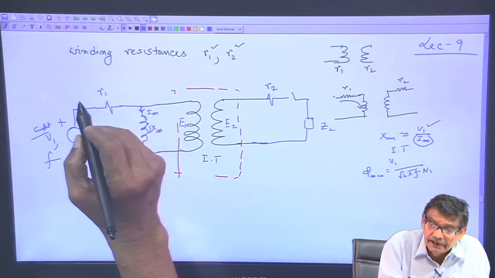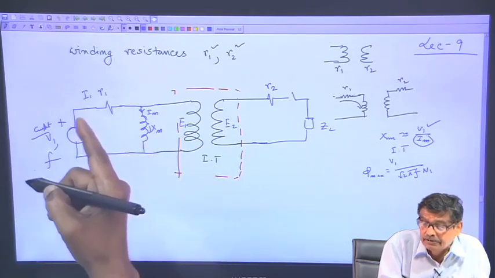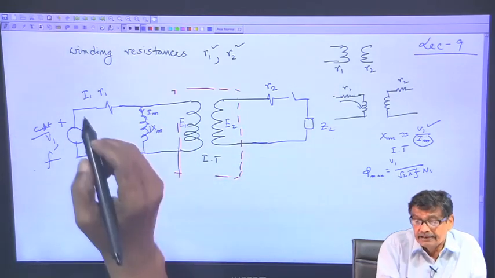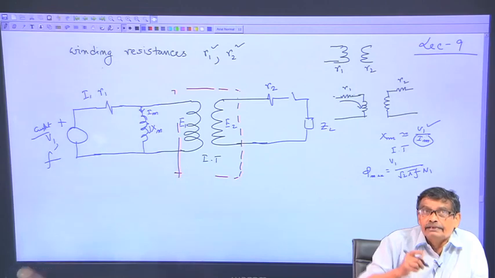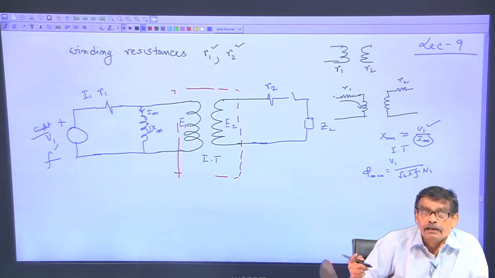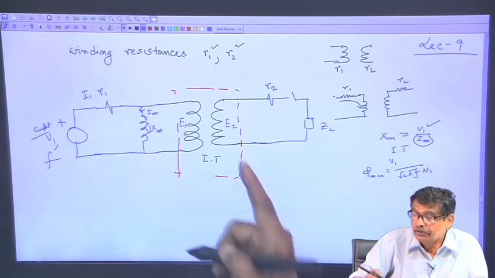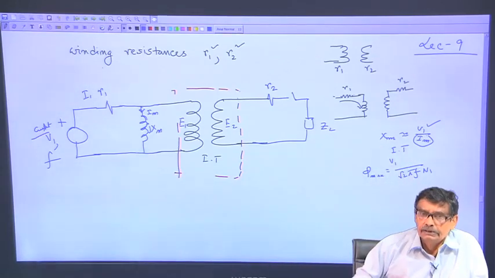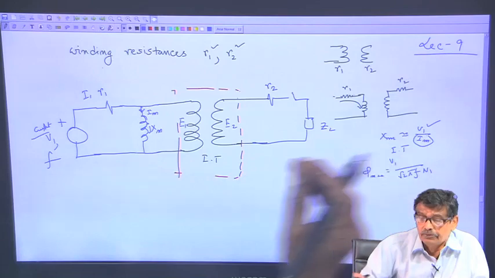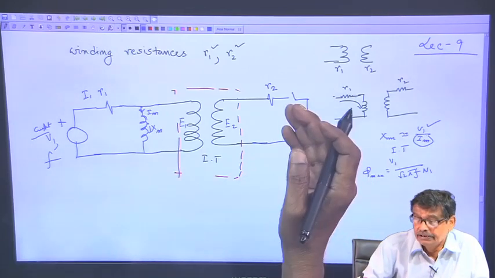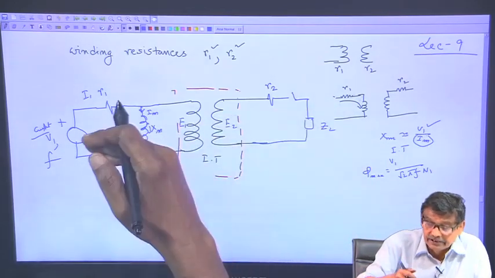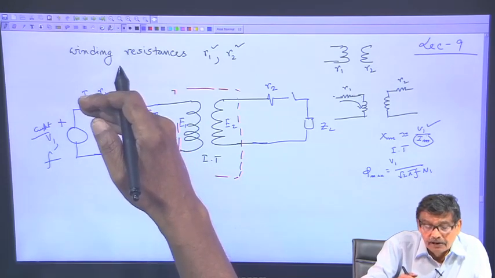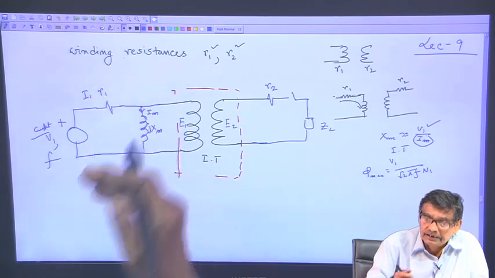What is this drop? This drop depends on the magnitude of I 1 this practical transformer is carrying, and I 1 has I 2 dash plus I m. I 2 dash depends on I 2 and on Z 2. So as you change Z 2, I 2 is going to change, I 2 dash is going to change, therefore I 1 is also going to change.